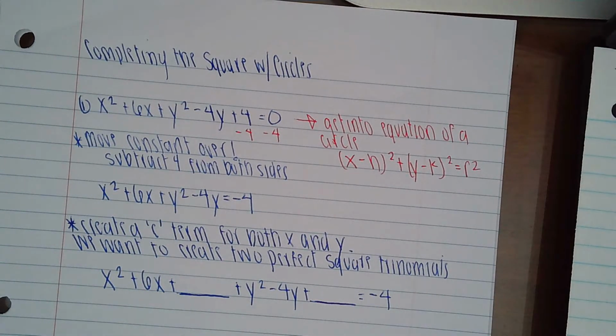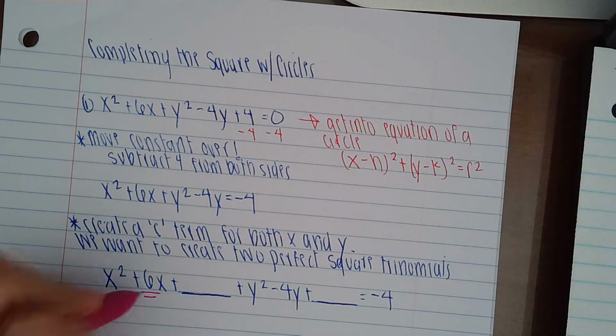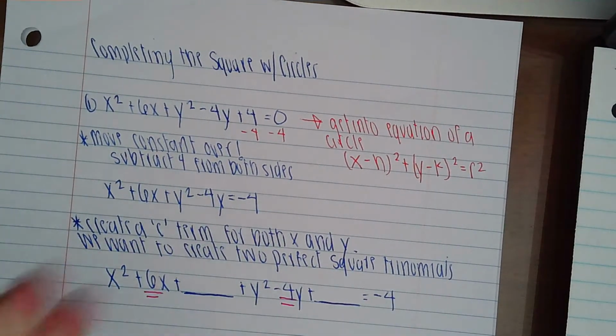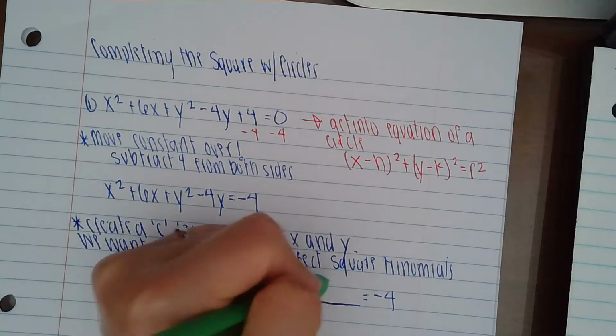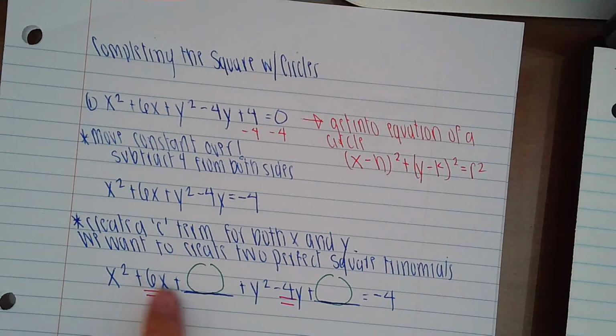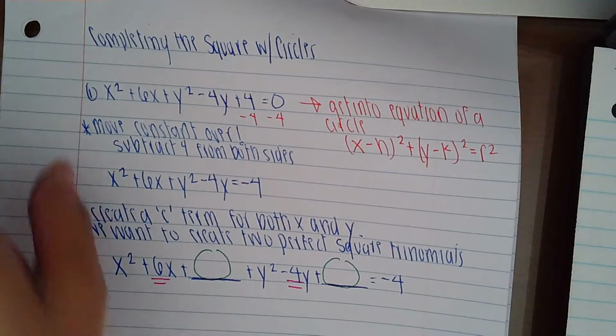Sorry, let me get some markers here. So we're going to pay special attention to these numbers, and we're going to go ahead and fill in these spaces. What we're going to do is this is actually in the form of a quadratic.